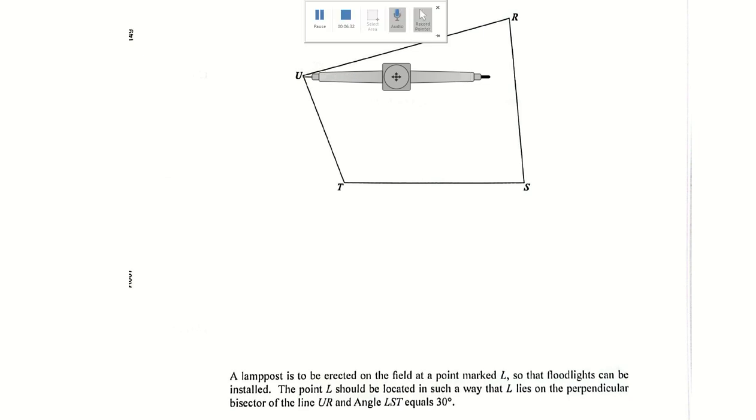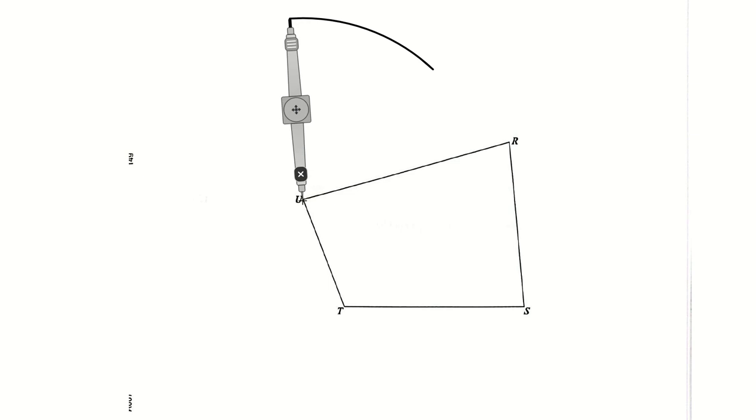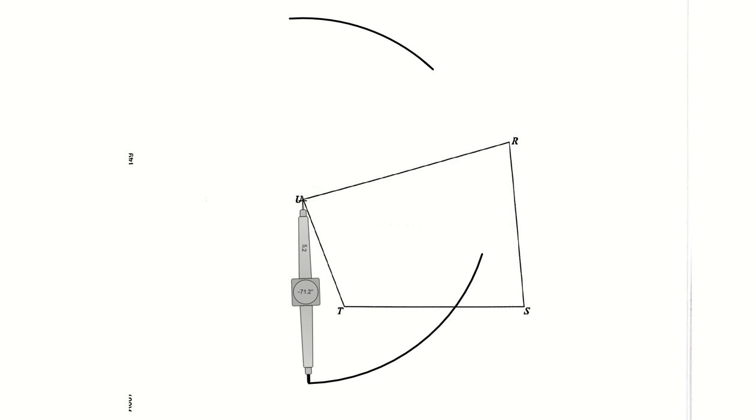You're going to draw an arc on top and an arc at the bottom, and you do the same thing from the other end. Where these two arcs intersect would be your perpendicular bisector.